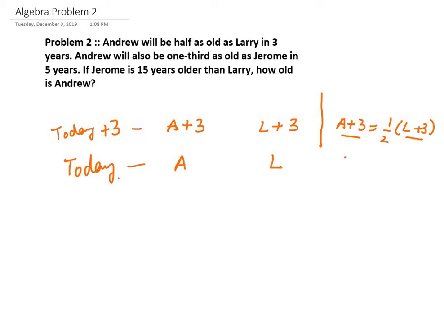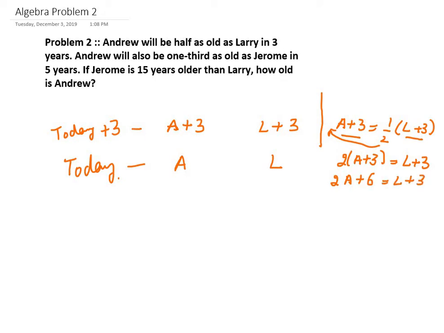Let's simplify this further. Let's take this 2 to the numerator. 2 is in the denominator, it will go to the numerator when we take it to the other side. So it will become 2 times (A plus 3) is equal to what is left on the right side, L plus 3. If we simplify it further, 2A plus 2 times 3 is 6 is equal to L plus 3.